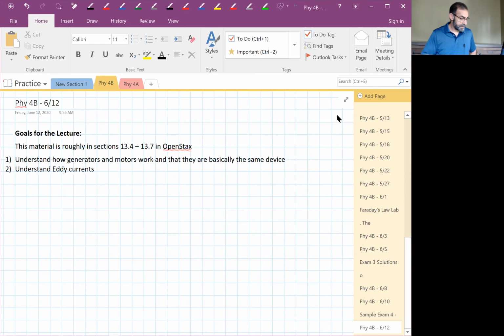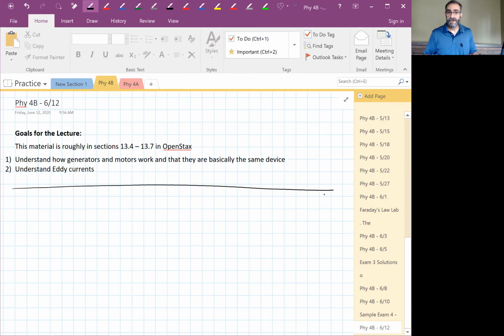Okay, so let's start off with another one of those problems. Changing magnetic flux induces an EMF, causes current to flow. That's what we're doing right now.